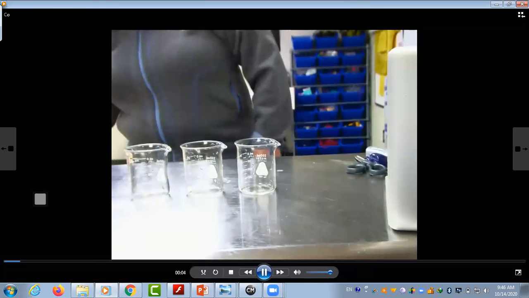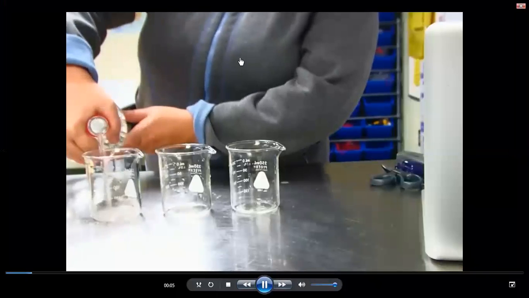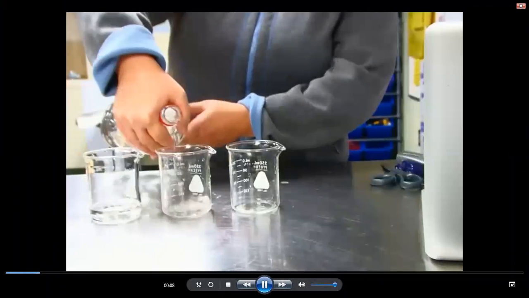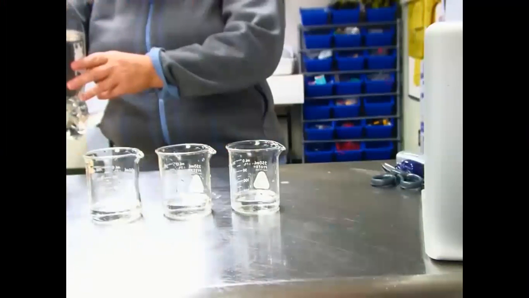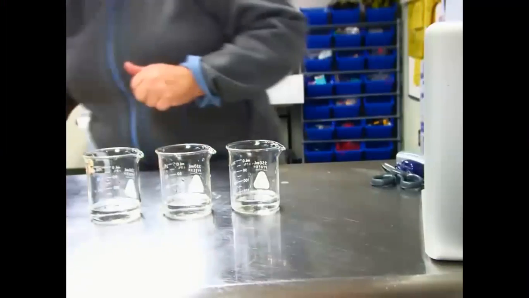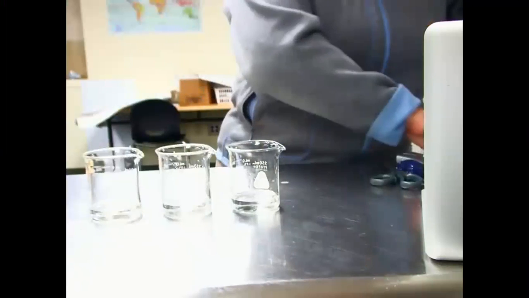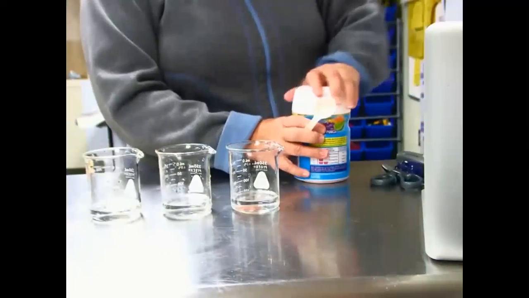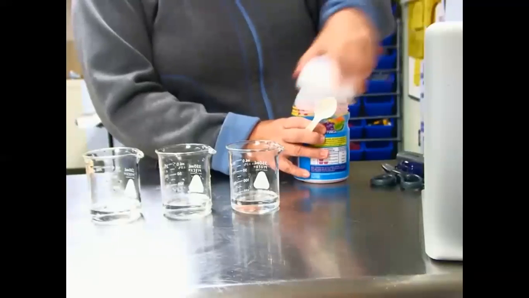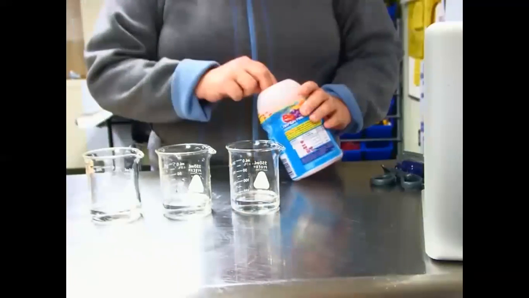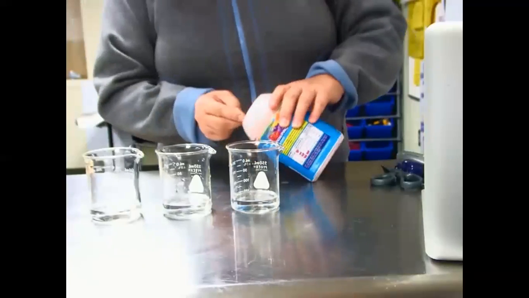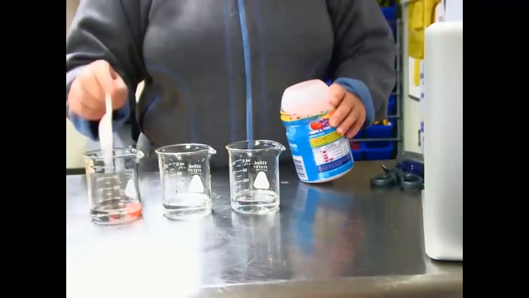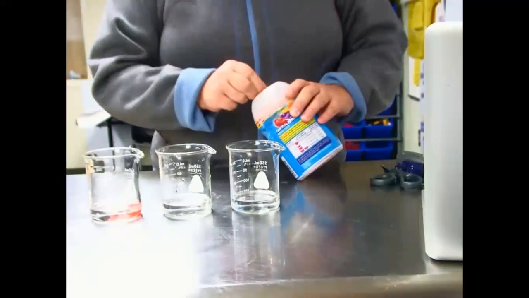Talk about how scientists distinguish solutions. Let's say, for example, I mix up three solutions. I've got about 50 milliliters of solvent in each of these containers. In this case, my solvent is water. And I'm going to add some solute to them, but different amounts. In the first solution, I'll add about a quarter of a teaspoon of salt.